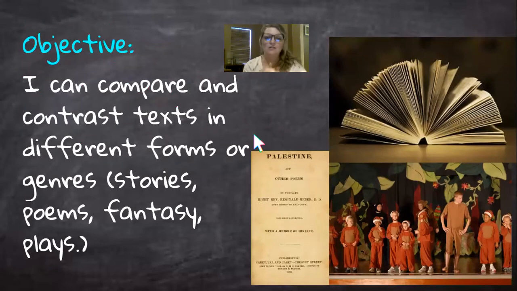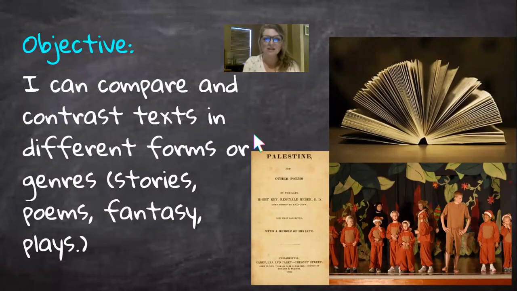We dealt with a short story in Oh, the Places You'll Go, kind of a children's fictional story. And then we dealt with Aladdin, which is kind of a longer story, but it's also a play. So if we were to get the actual script for that play, we would actually be dealing with a play. It's also a movie, it's also a story.